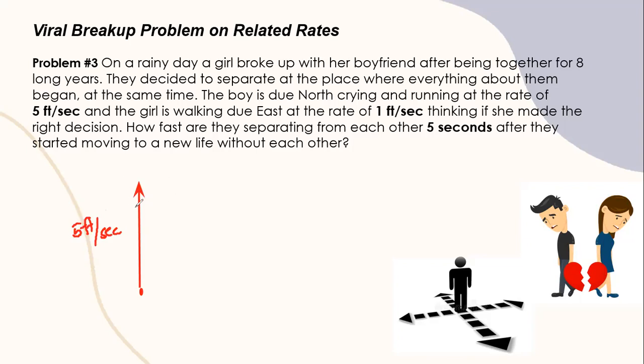Okay, so pwede nating iset to since pa-vertical yan as y. Okay, so yung kay boy. And then dun sa girl naman, we have the girl is walking due east at the rate of 1 foot per second.